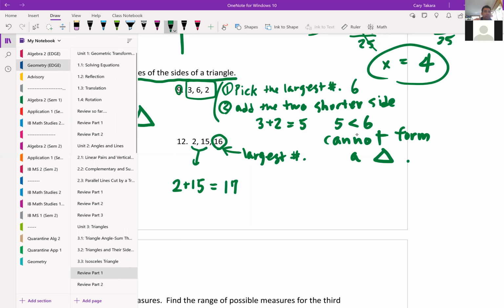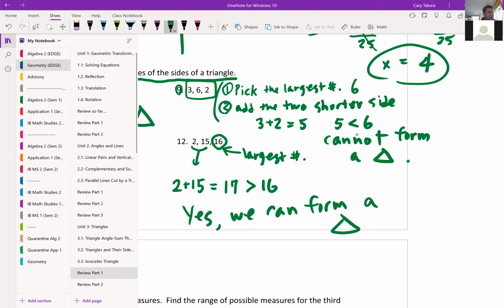Is that bigger than the largest number? It is. 17 is bigger than 16, isn't it? So, yes, we can form a triangle. Okay.